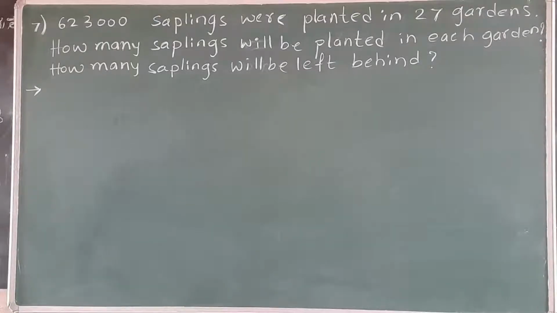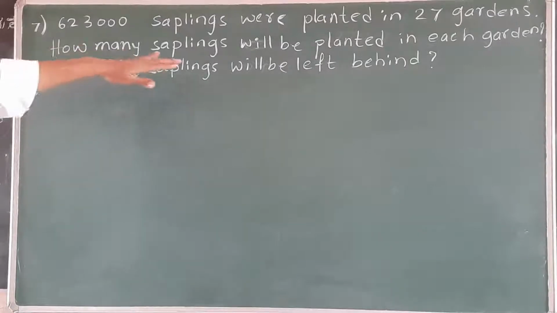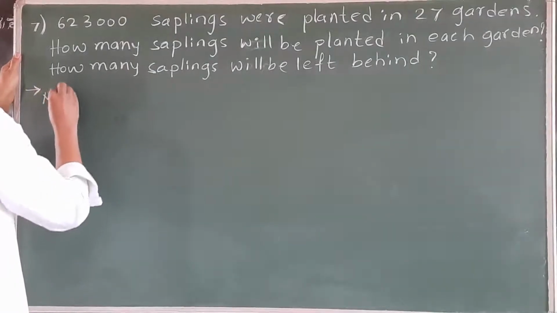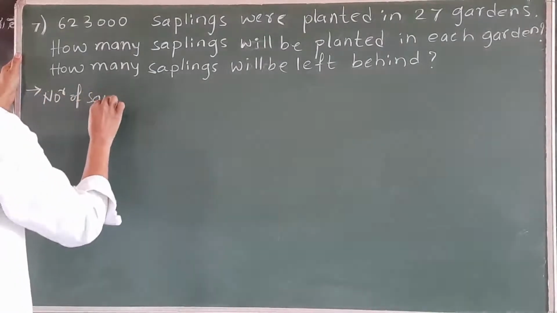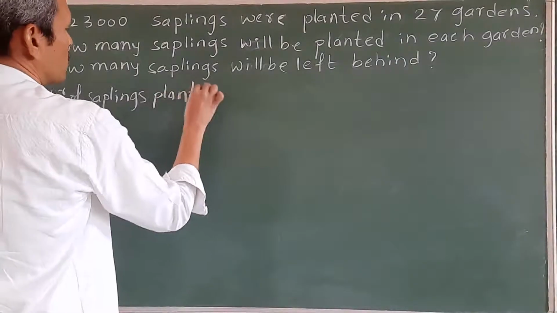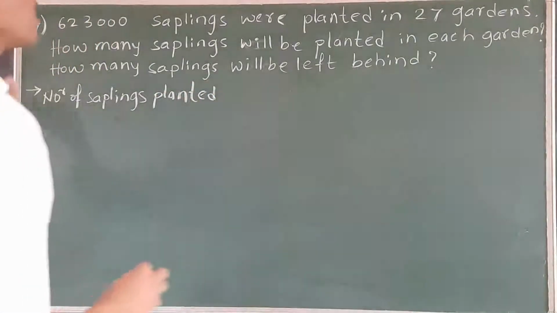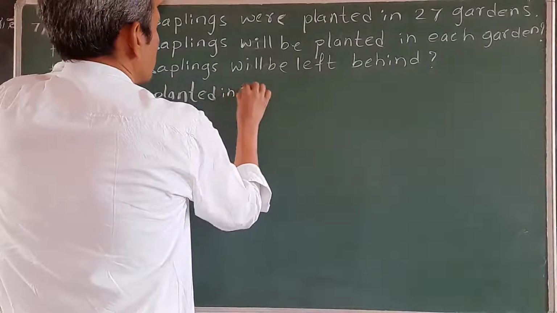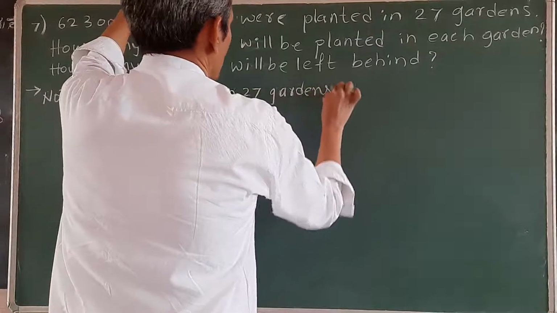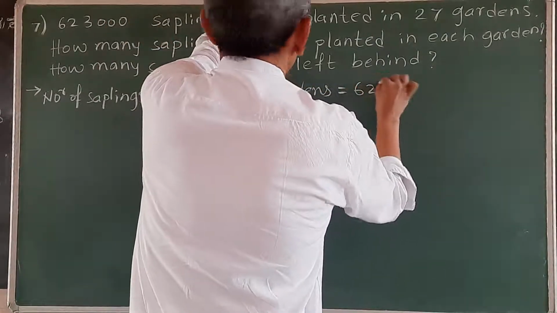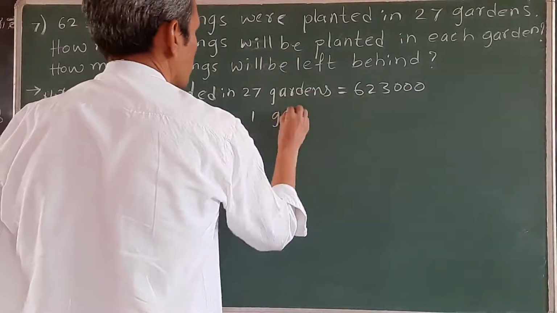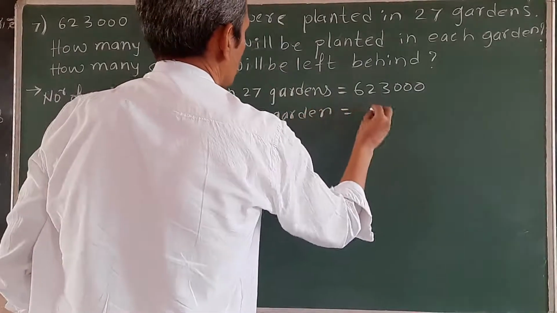The number of saplings planted in 27 gardens is 623,000, and the number of saplings planted in one garden is, we don't know.